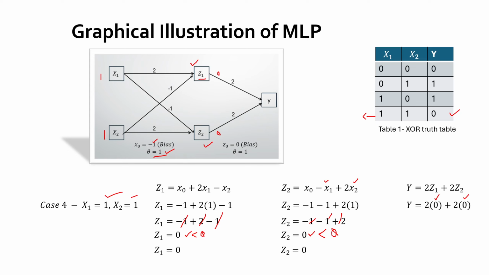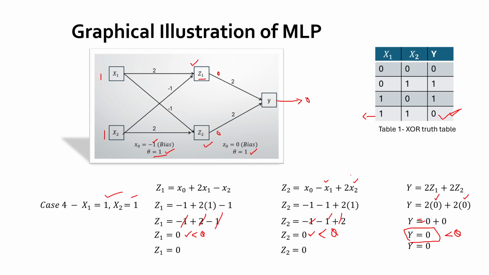After substituting these values and multiplying with the weights, it is 0 plus 0, which is 0, and the threshold here is 1. The calculated weighted sum at the neuron Y is again less than the threshold theta, which is 1. So this neuron in the output layer, Y, will again output a value of 0, which is expected here also.